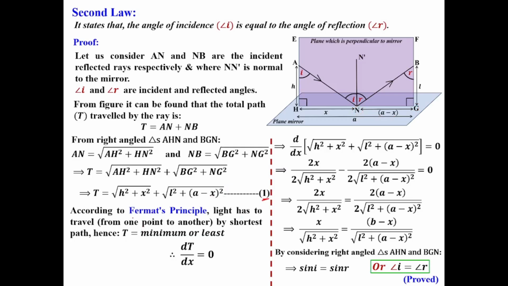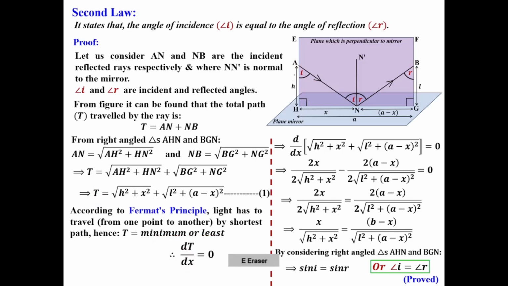According to Fermat principle, light has to travel from one point to another by the shortest path. So if this is the total path that light travels from point A to B after reflection at N, that means it has to be the shortest path. That means T is your minimum or least. If it is so, then the derivative of T with respect to x will be 0 because this is the minimum value.